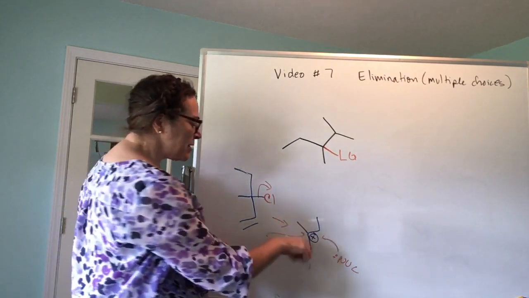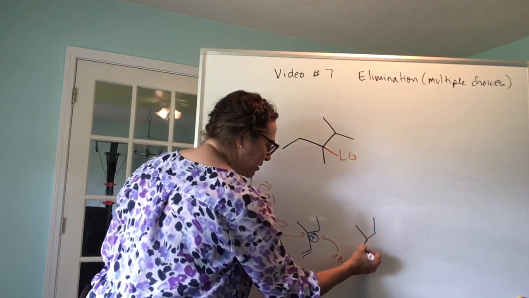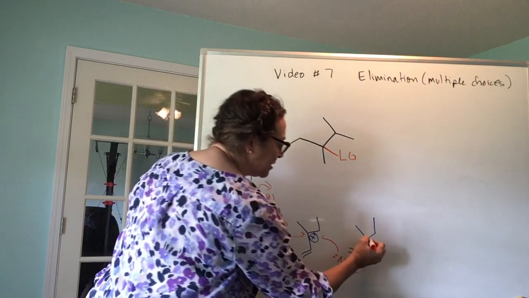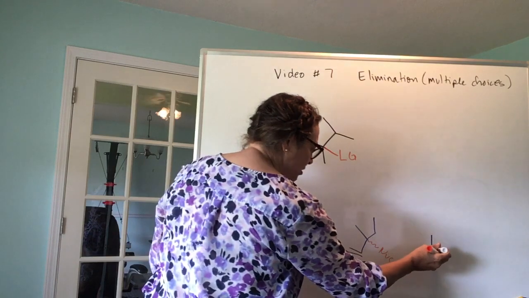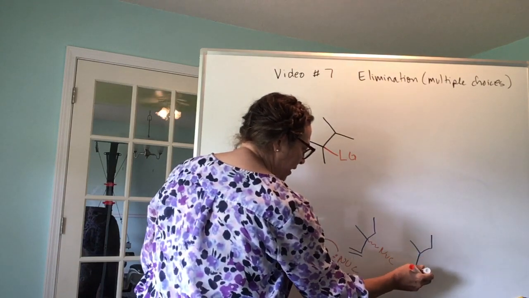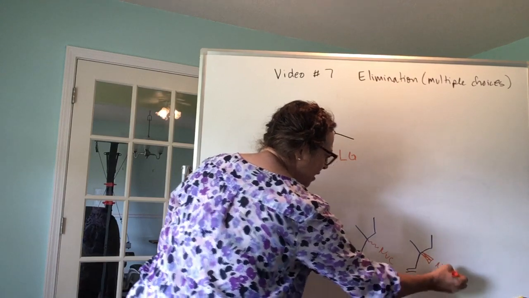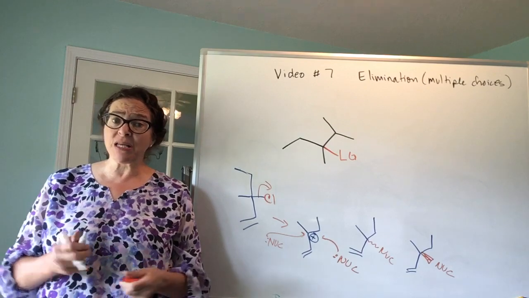R and S. Since this is a chiral site, I am going to end up with a compound that has a dash and a nucleophile, and I'm also going to end up with a compound which has a wedge as the nucleophile. The question is which one of those two predominates, and the answer is neither one of them.